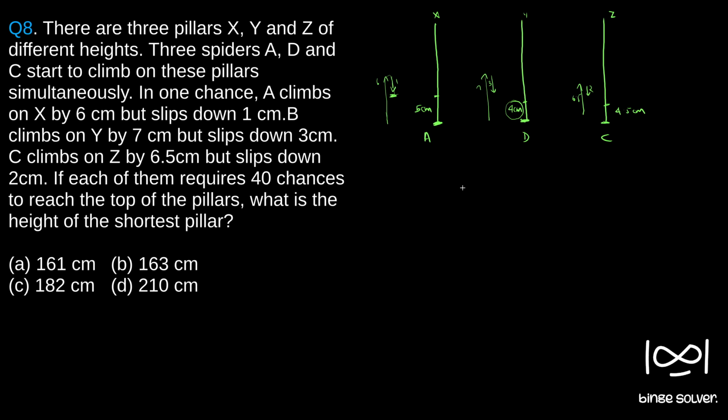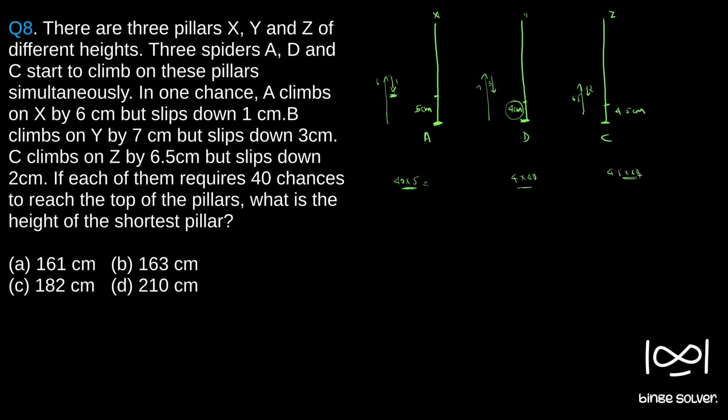So for the shortest pillar, we can just use that to calculate. If you didn't understand what I meant, I will explain. There is a tricky part there, but for explanation's sake, I am just going to say 40 into 5, 40 into 4, and 40 into 4.5 is the total distance they jump after taking 40 steps, right?